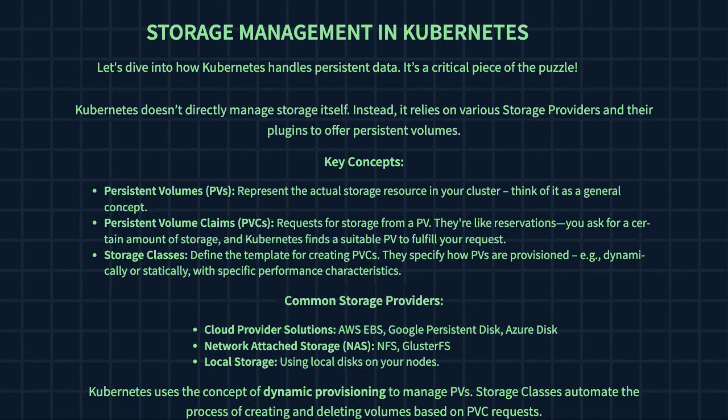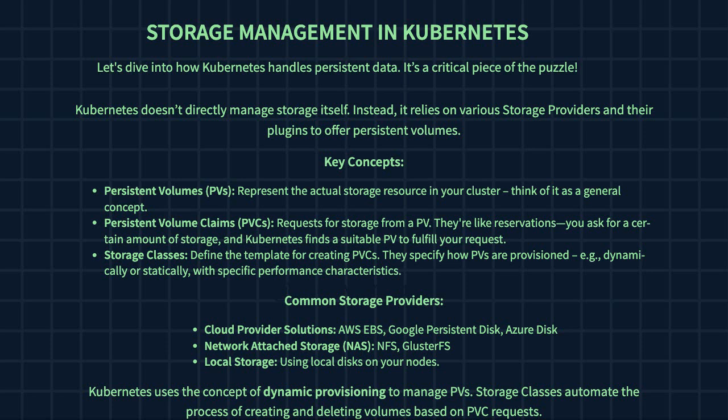Okay, let's talk about storage in Kubernetes. It's a surprisingly complex topic. Basically, Kubernetes doesn't provide any storage itself, it just asks for it. You have persistent volumes, which are like general concepts of storage capacity within your cluster. Then you make requests for that storage using persistent volume claims, kind of like making a reservation.